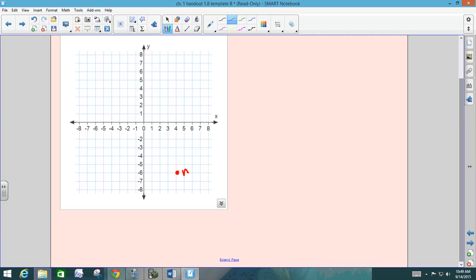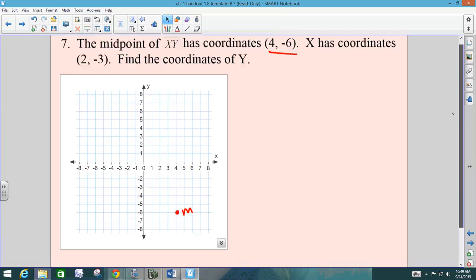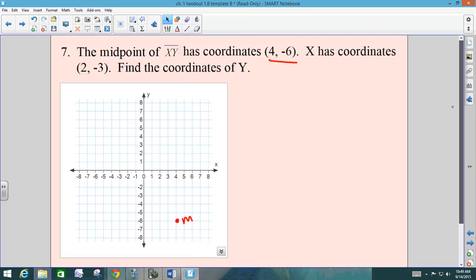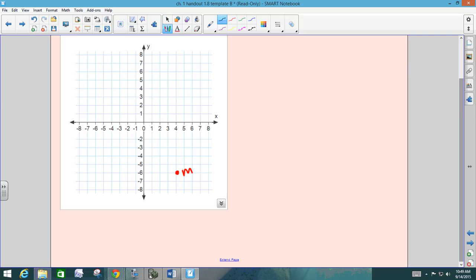Call it M. One endpoint, X, is at 2, -3. If I wanted to find Y, the other endpoint of the segment, would I look for it in quadrant 1? No, probably not. How about quadrant 2? Oh, hopefully not. How about 3? No, it's got to be in quadrant 4. Remember, X, Y is the segment.